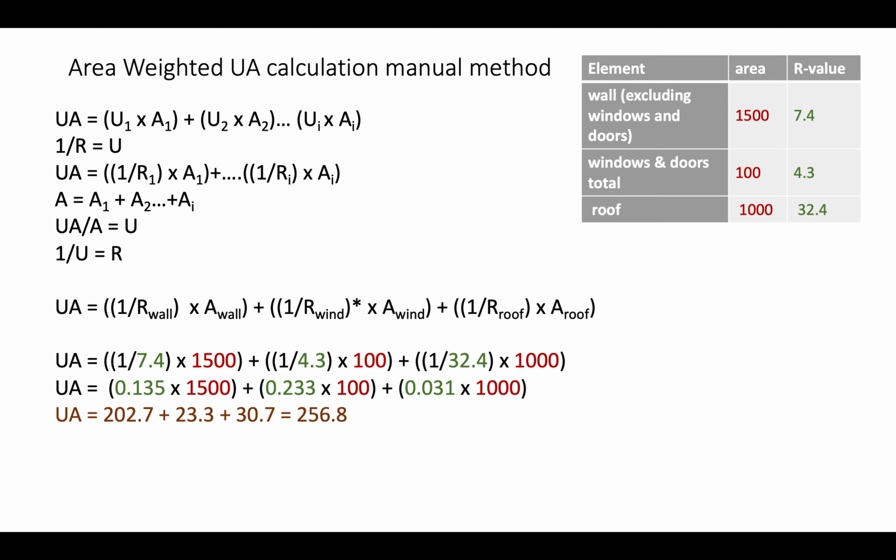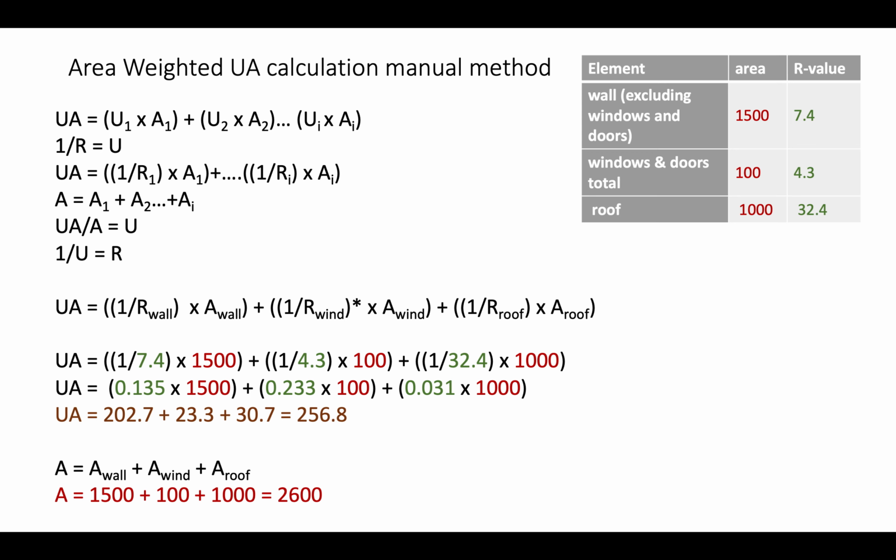And then if we simply add each of those things that we calculated inside the parentheses, we have the UA. That's our total UA. And we want to find out what the U factor is once we've divided it by the area. So the area of the walls and the windows and the roof together is the total.